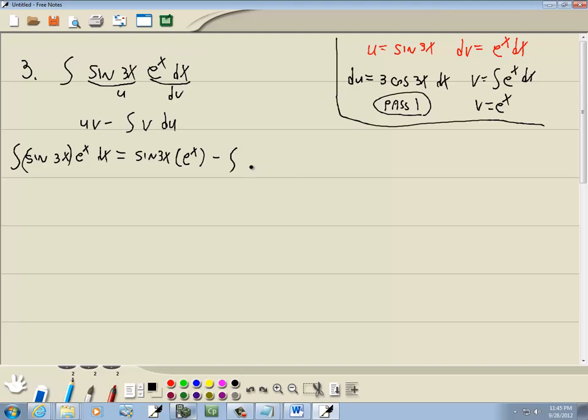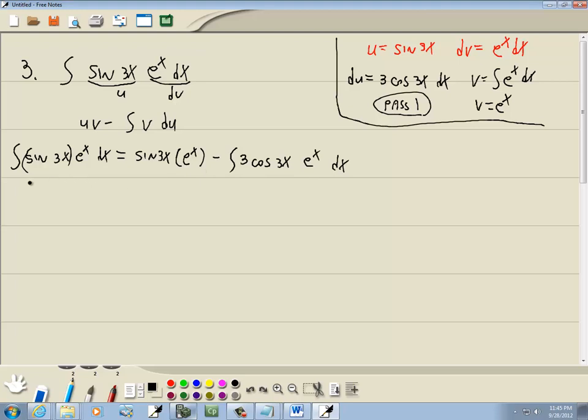Except I'm not going to put it first, I'll put it after. du was 3 cosine 3x, and here I'll put the e to the x and then dx. So again, here's v, I just put the e to the x at the end, and du is the 3 cosine 3x and dx.